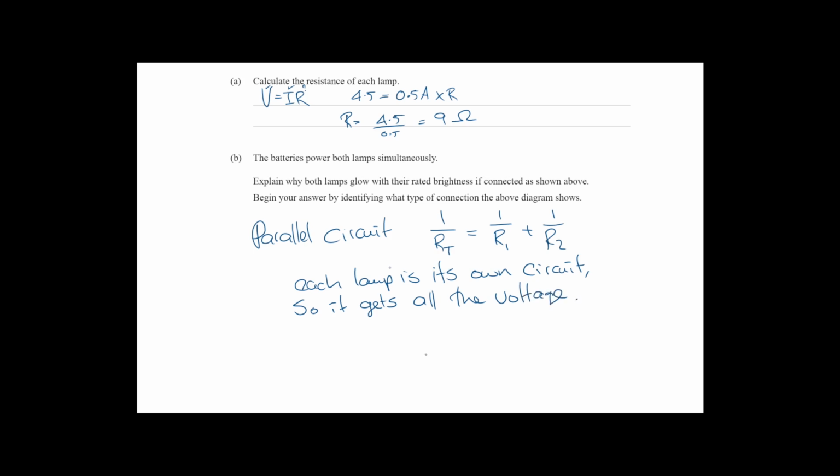Something like that. You would get points probably for saying it's a parallel circuit, so there isn't a voltage drop in that type of circuit. I think that's probably all you would need to say, or some variant of that.